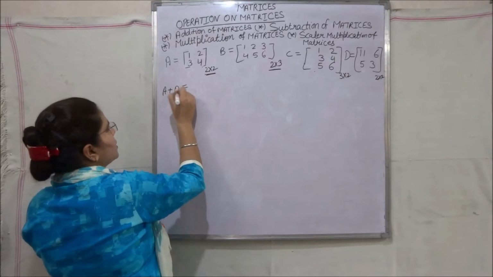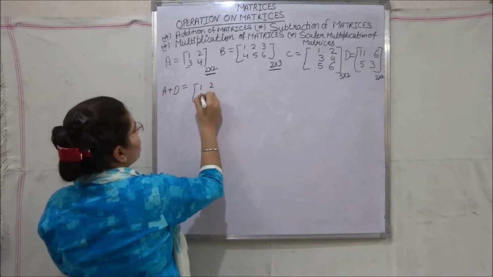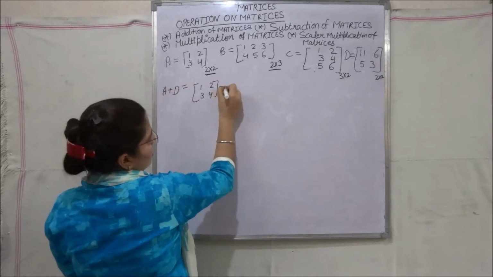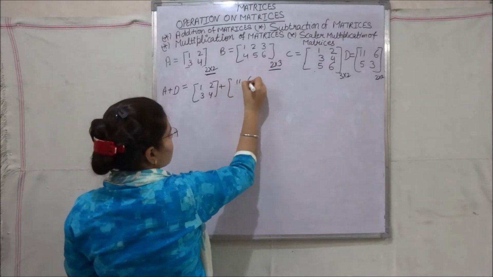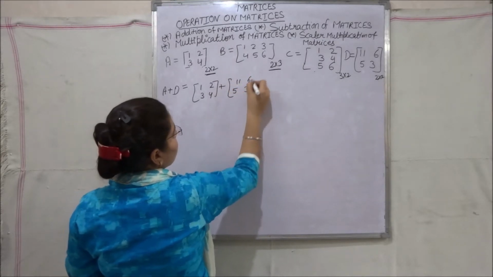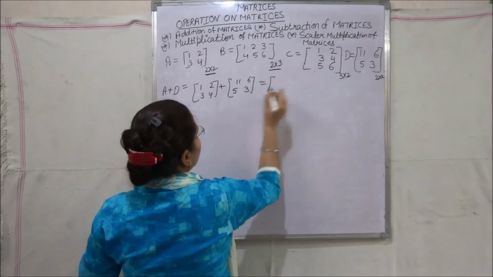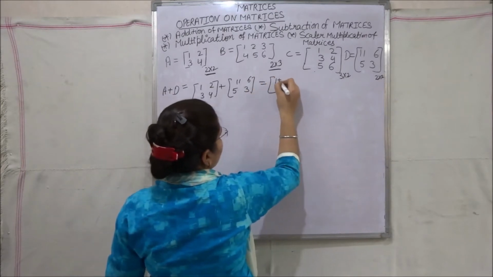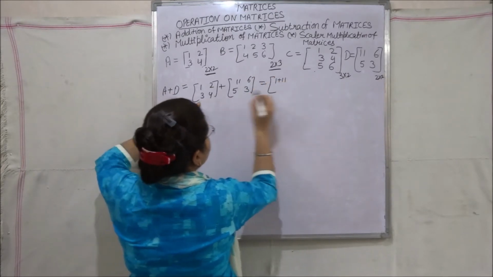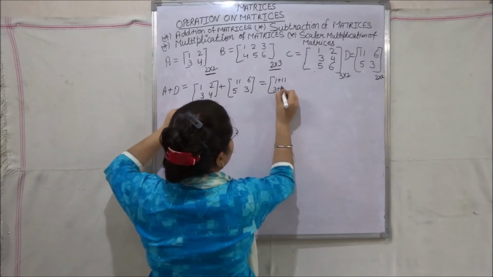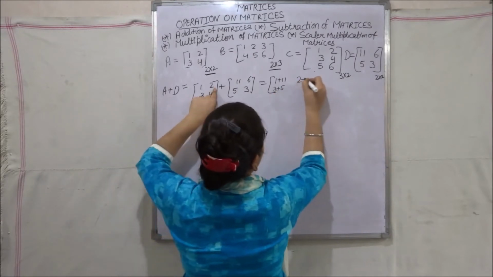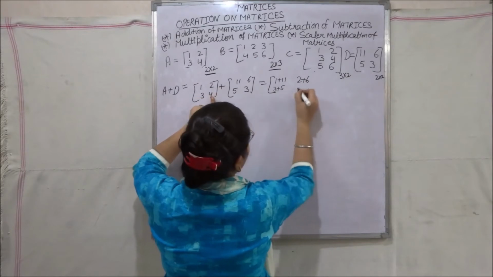So A plus D will be 1, 2, 3, 4 plus matrix D, which is 11, 6, 5, 3. The addition of these matrices will be 1 plus 11, 2 plus 6, 3 plus 5, 4 plus 3.